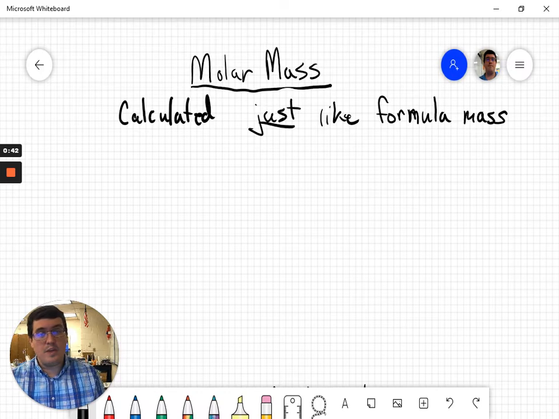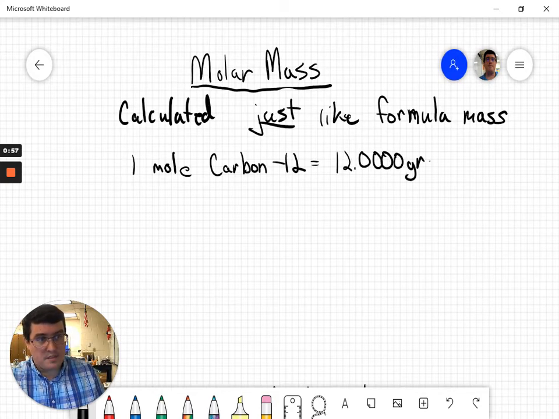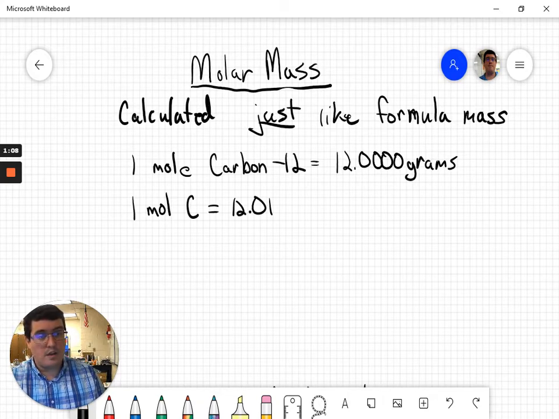Because we set up the definition that 1 mole of carbon 12 equals 12.0000 grams, then we also set it up that 1 mole of carbon is equal to 12.01 grams.